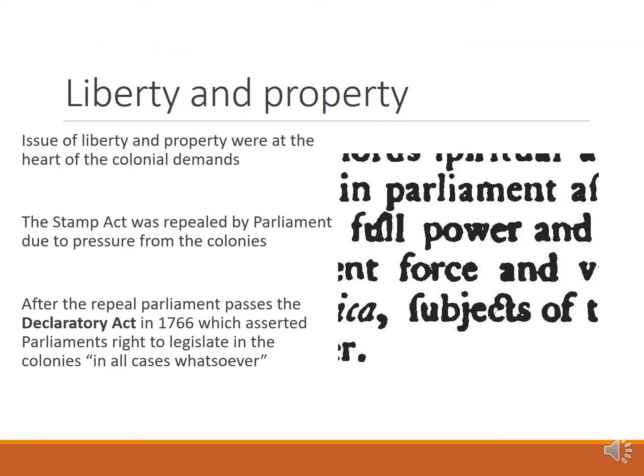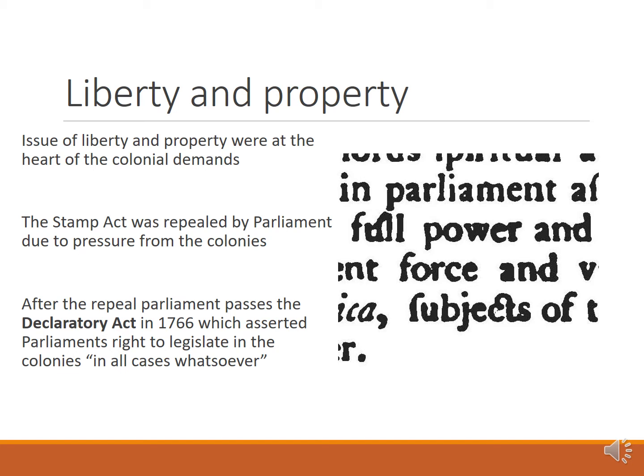Okay, so as the Sons of Liberty are protesting the Stamp Act and their numbers are growing, you're starting to see colonial towns all over having these groups of Sons of Liberty. This issue of liberty and property really is at the heart of what these colonial demands were.